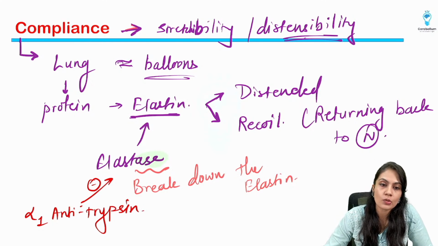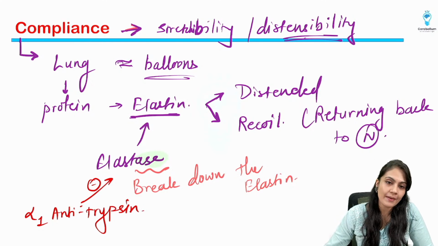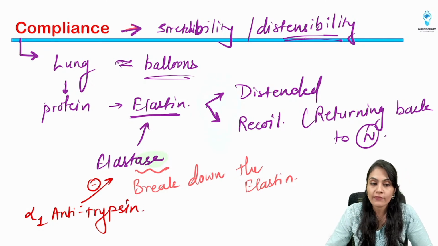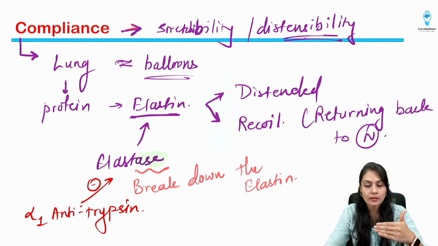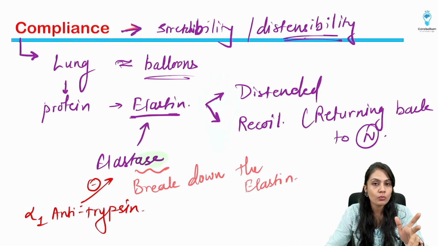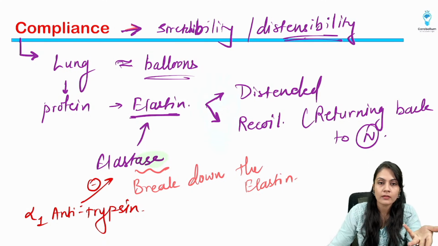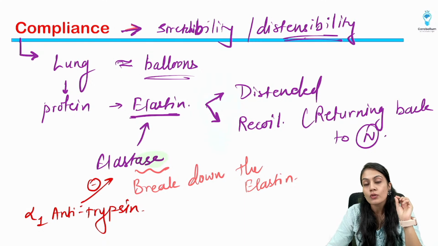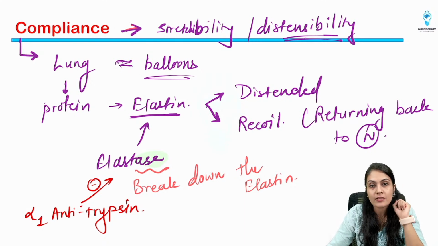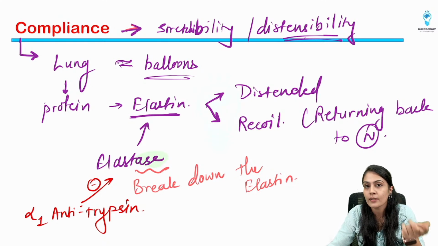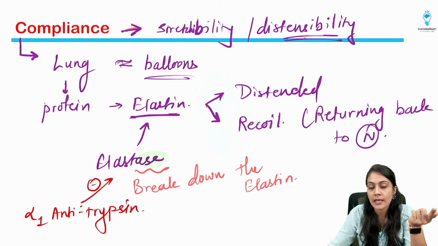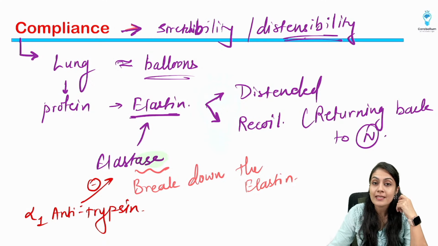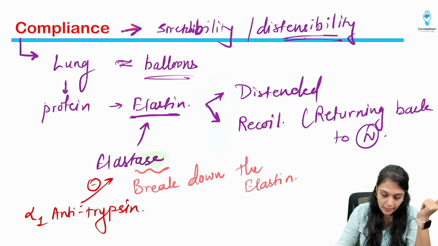Alpha-1 antitrypsin is going to inhibit the elastase which can break down the elastin. So if alpha-1 antitrypsin is present inside the lung, elastase won't be able to act on the elastin and break it down. So it is basically preventing the breakdown of elastin. Remember, if there is a deficiency of alpha-1 antitrypsin, what is going to happen? It won't be able to act, isn't it?